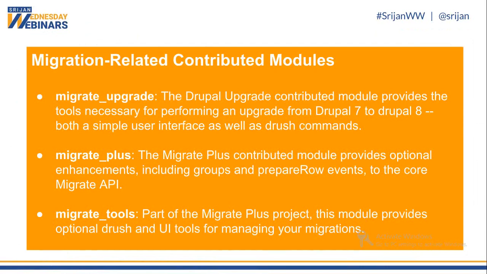There are many commands for migration like migrate-status, which you can say as ms, migrate-rollback, migrate-import. If you cannot install this migrate_tools, then you cannot use these Drush commands. So this is an extension with the help of which you can use the Migrate API Drush commands.